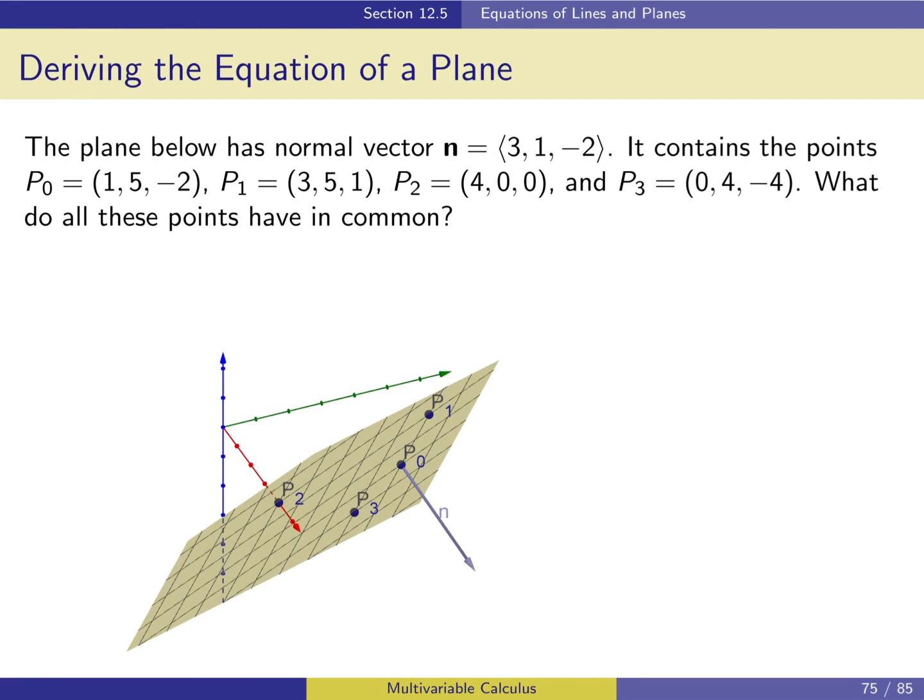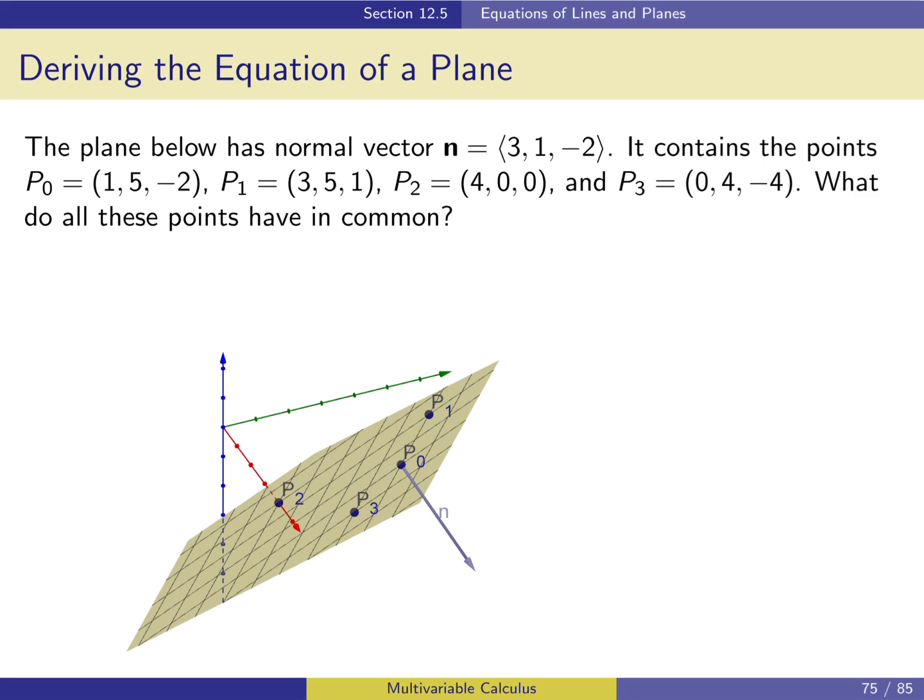So let's look at an example and see if we can understand how we can use the normal vector to find the equation of a plane. Here's a plane whose normal vector is (3, 1, -2), and it contains these four points, P0, P1, P2, and P3. What do all of these points have in common?